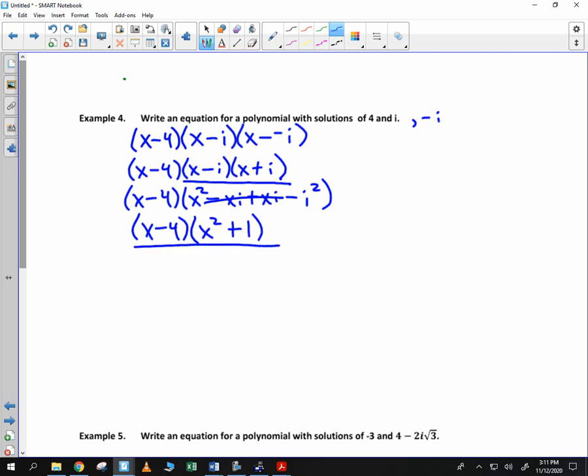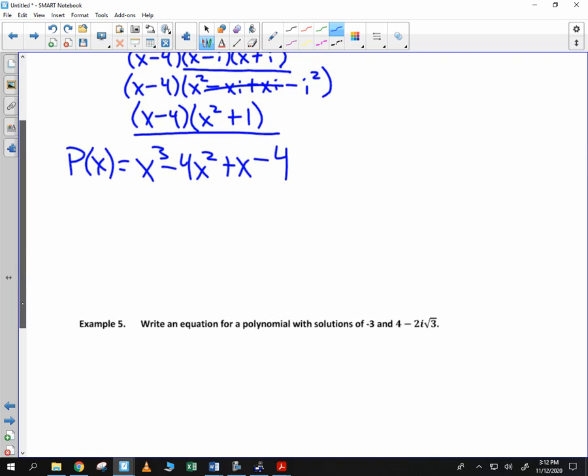And now you can multiply these out. X cubed minus 4x squared plus x minus 4. That is a polynomial that has solutions of 4 and i. There's technically an infinite number that have solutions of 4 and i because you can multiply through by any constant and it would still have the same solutions. But there you go.